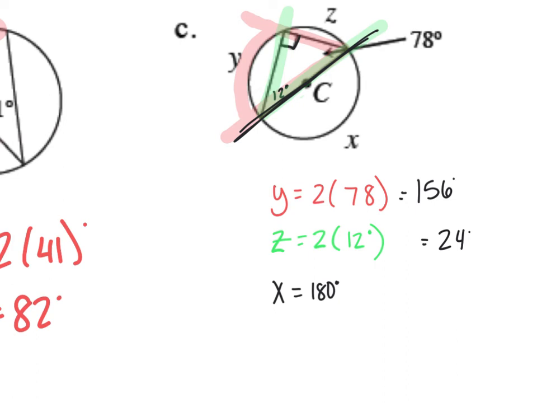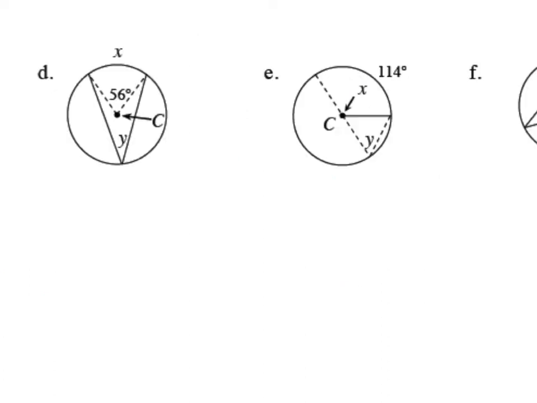Another way that I could solve for x would simply be to look at the angle that creates that arc. When I look at this angle, I see that this arc has to be intercepted by that angle, so that arc has to be double the 90-degree angle, so I could also take 2 times 90 there and also get 180 degrees.